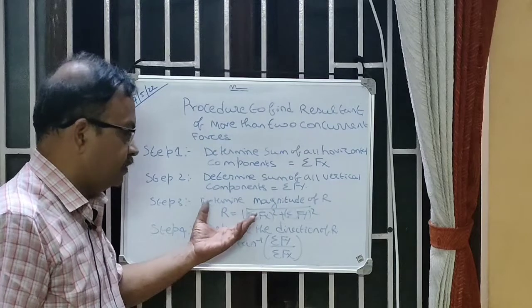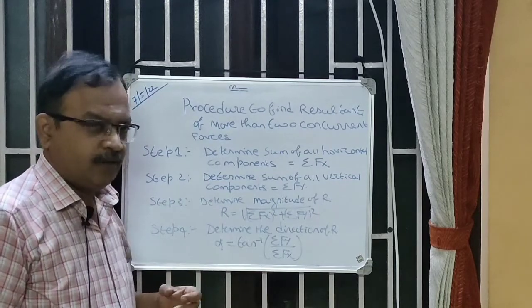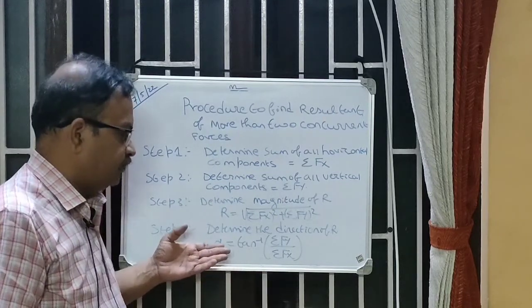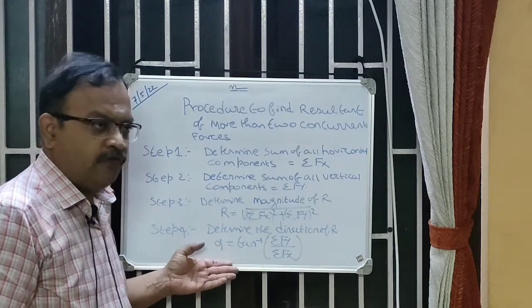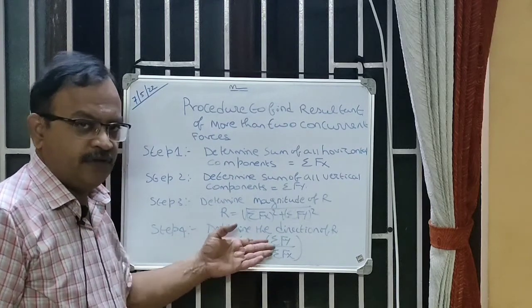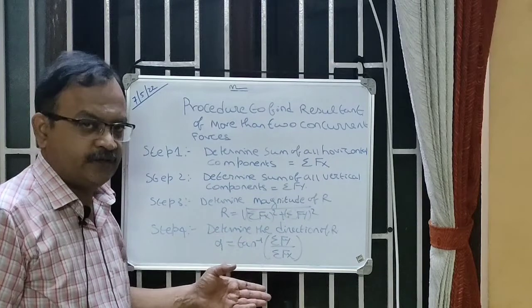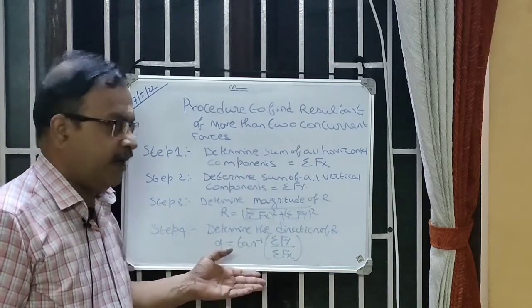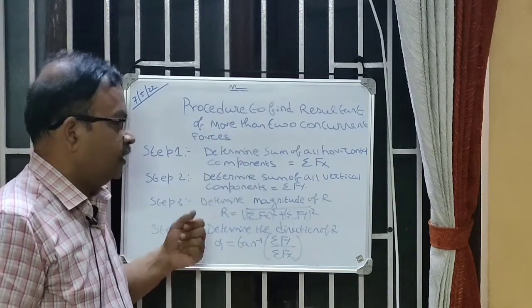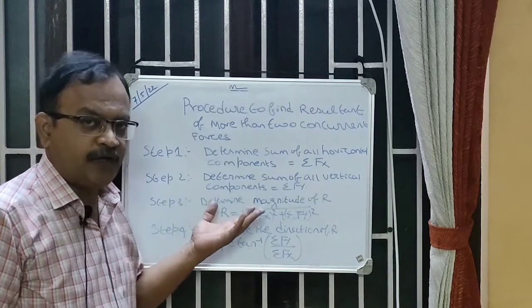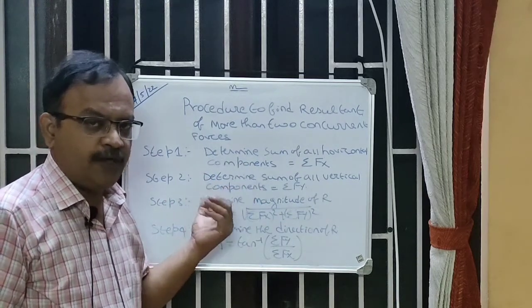This equation gives the magnitude of the resultant. Then the direction of the resultant is found using the formula alpha is equal to tan inverse of sigma Fy by sigma Fx. So by using this procedure, you can determine the resultant of more than two concurrent forces acting on a body or particle.